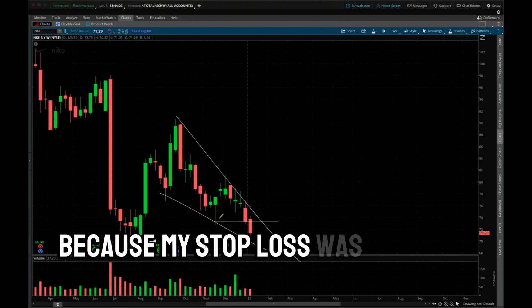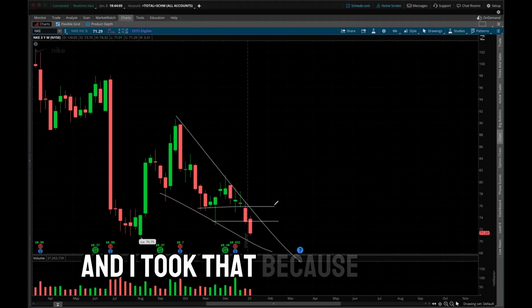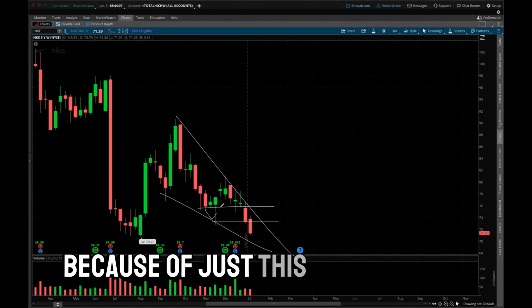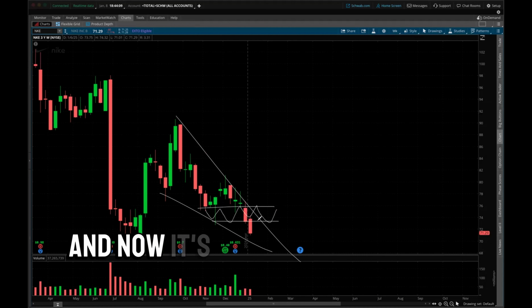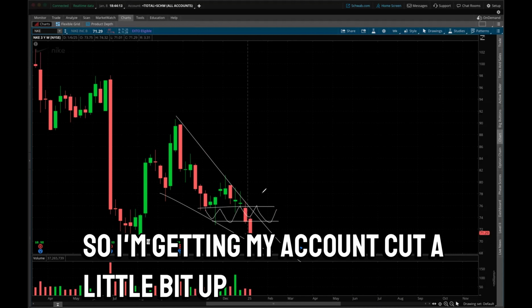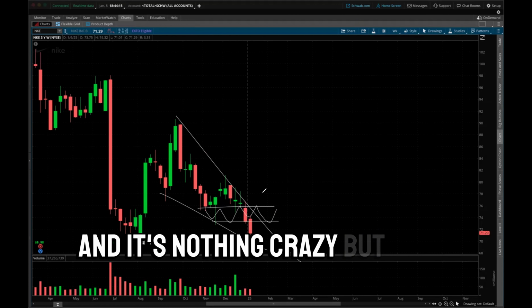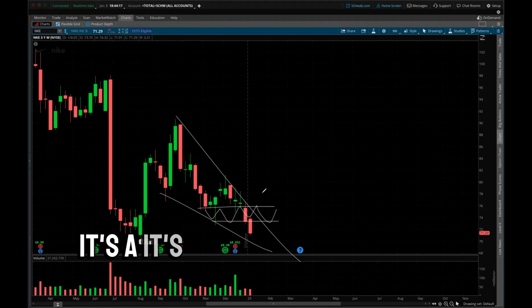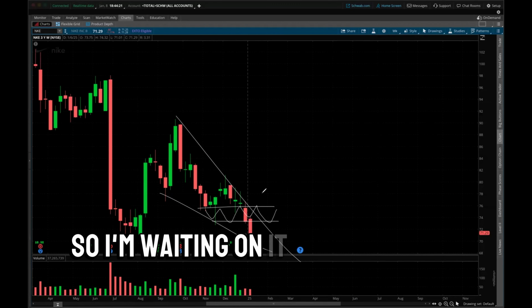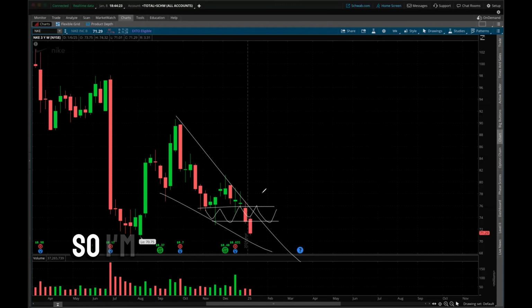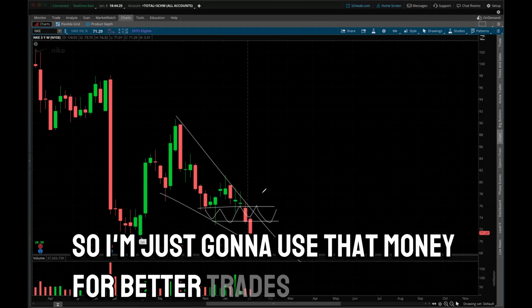My stop loss was around 74, and I put 74 because of this general zone. Now it's pushing below that, so I'm getting my account cut a little bit, and it's nothing crazy, but it's a pattern that is just going to take a little bit more time. So I'm waiting on it until I should add to it. I'm just going to use that money for better trades.